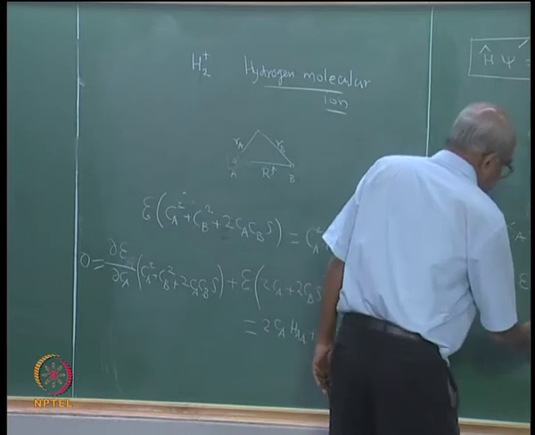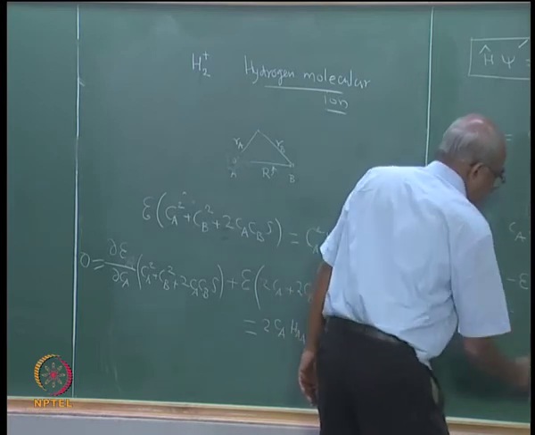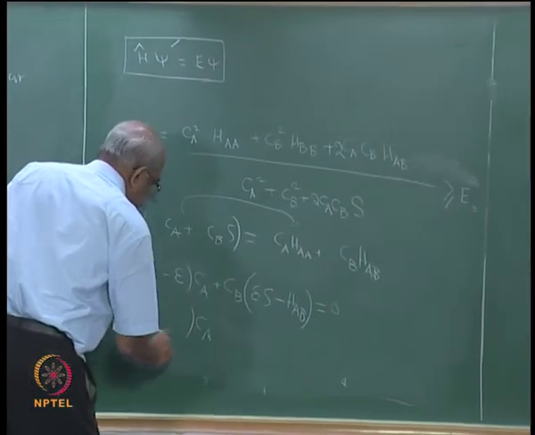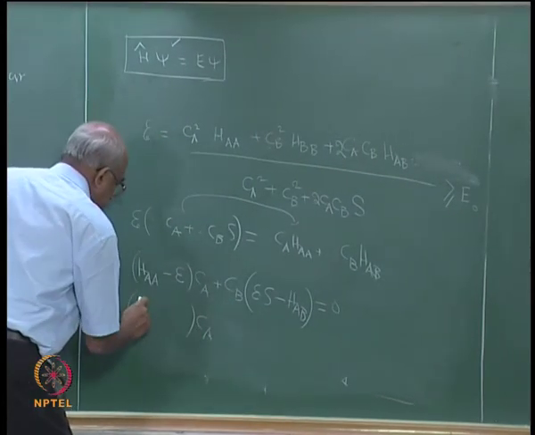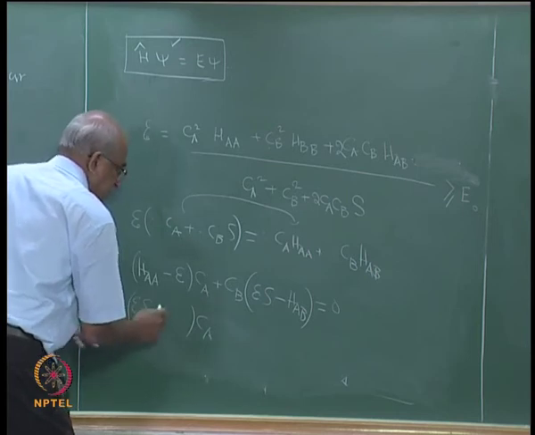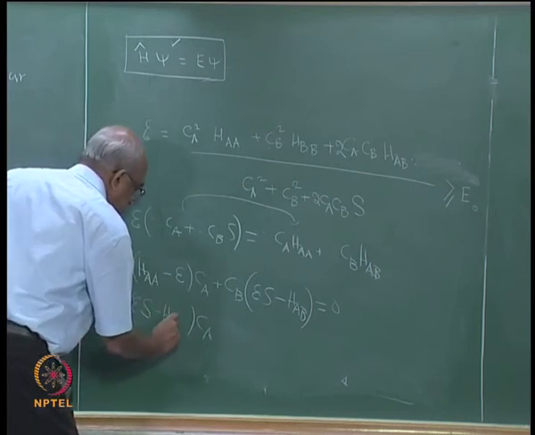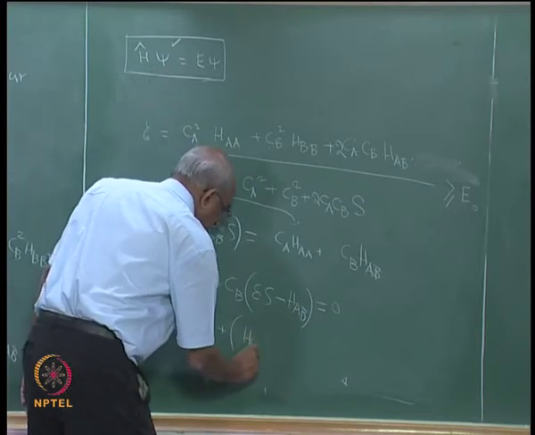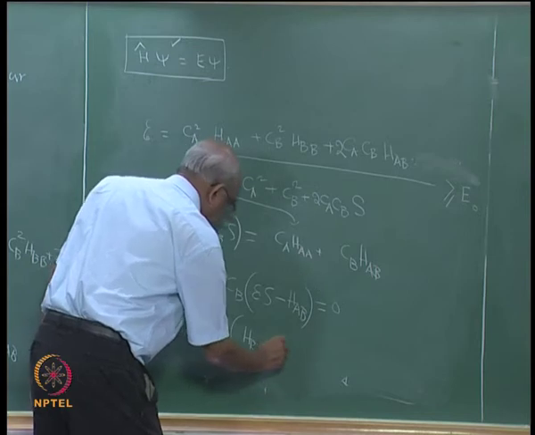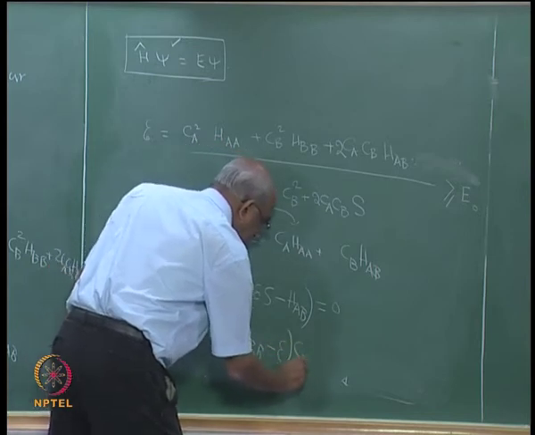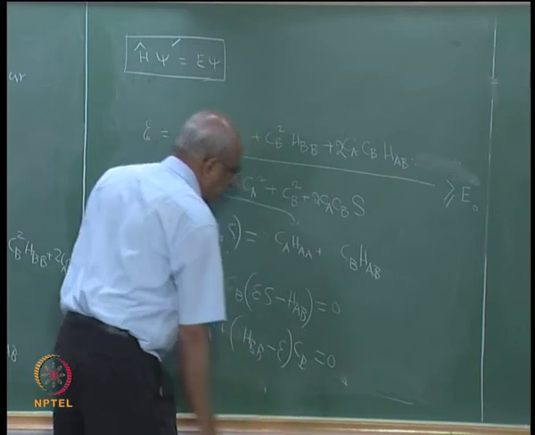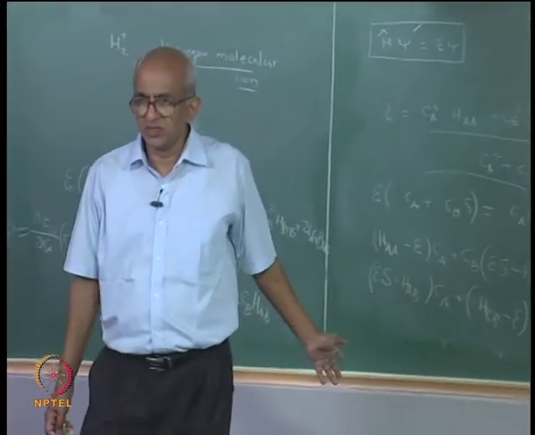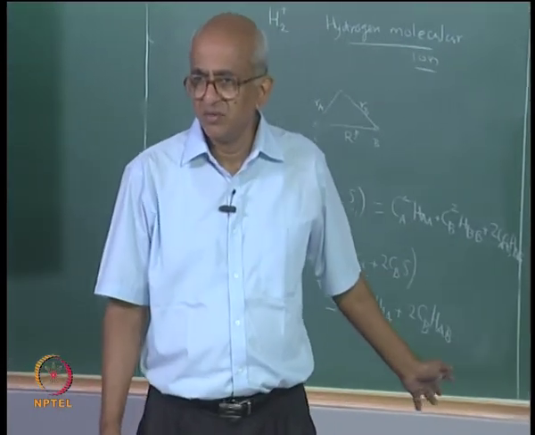It will say that CA into script E into S minus HAB plus HBB minus script E into CB must be equal to 0. That is what this equation will tell you. In exactly the same fashion you are going to get this equation.